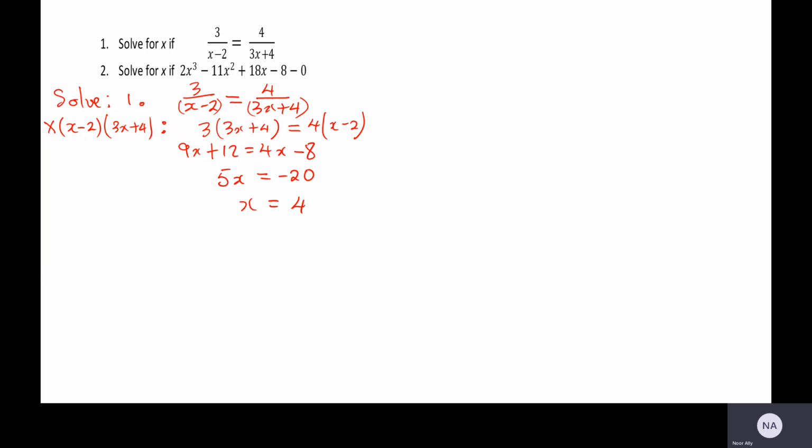What about number 2? Here we are solving 2x cubed minus 11x squared plus 18x minus 8. Apologies, that should be equal to 0.